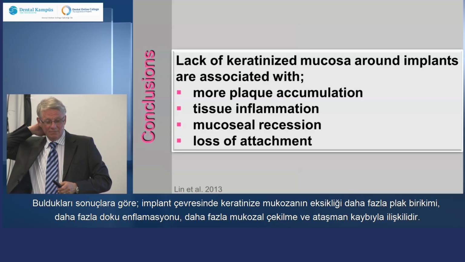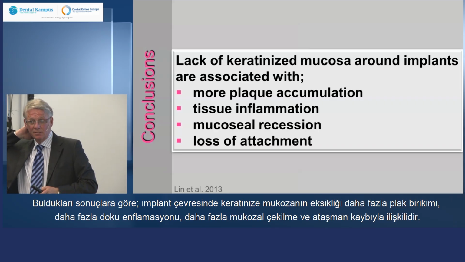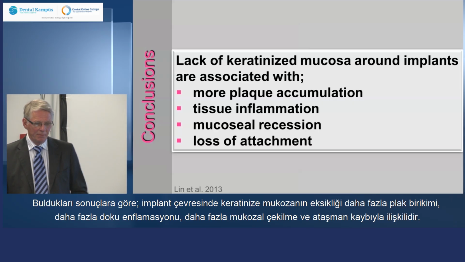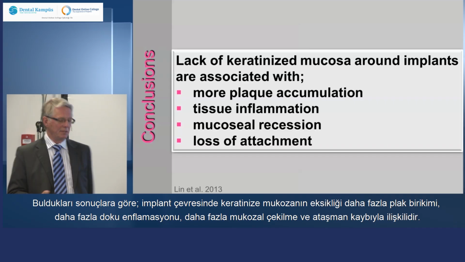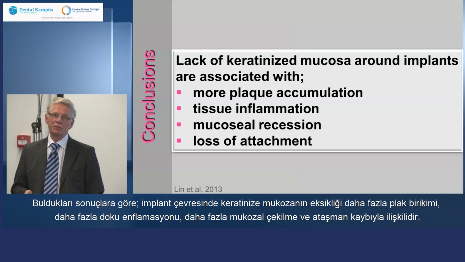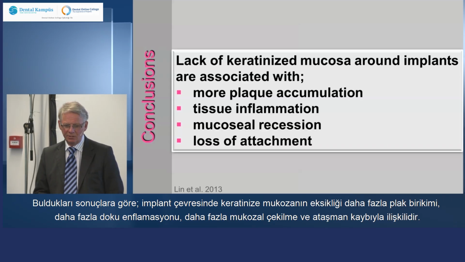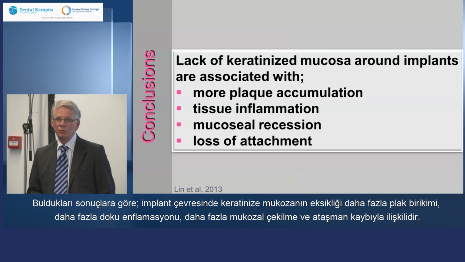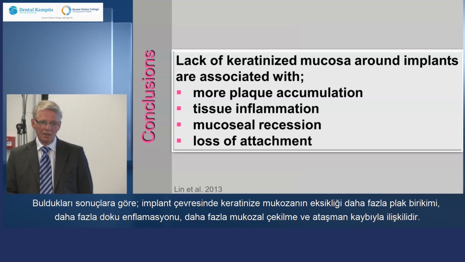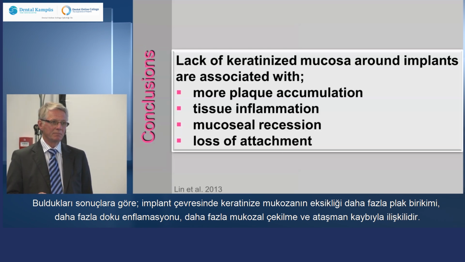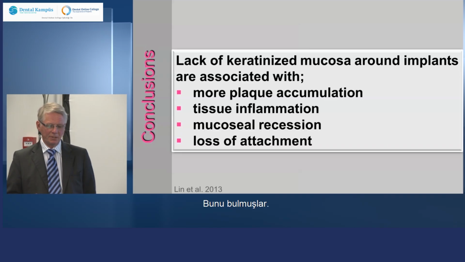And they found that, yes, lack of keratinized mucosa around implants is associated with more plaque accumulation, with more tissue inflammation, with more mucosal recession, and with loss of attachment.